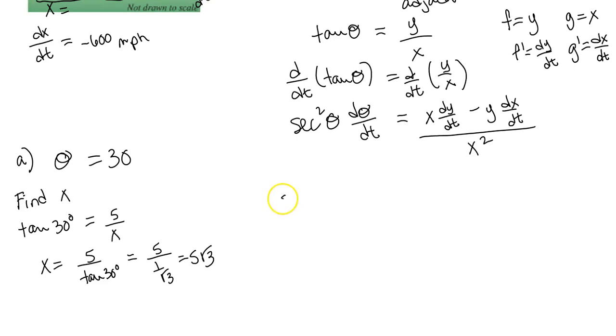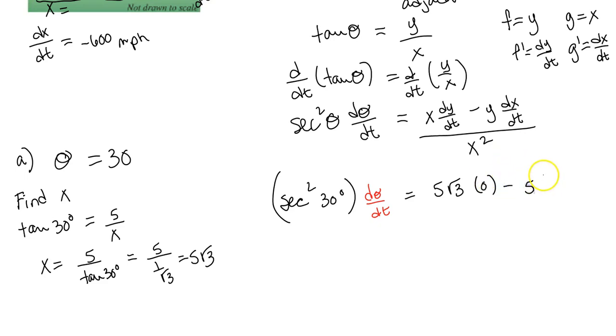So, plugging in, I have that secant squared of 30 degrees times the d theta over dt that I want is going to be equal to 5 square root of 3 times the 0, which was dy over dt, minus y equals 5 times dx over dt equals negative 600, divided by 5 square root of 3 squared.